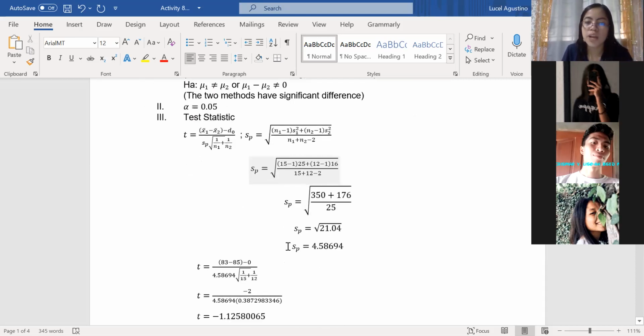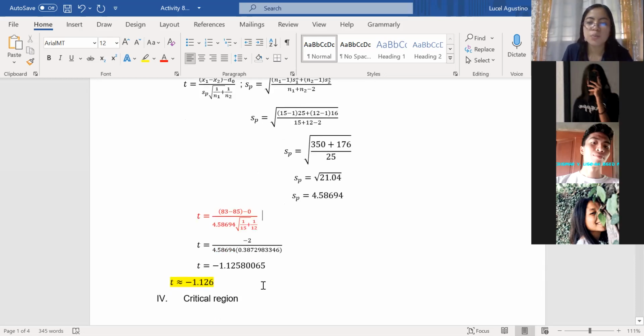So after that, nakuha mo na ang Sp. Substitute that to the formula that we have. So there is a taas, so this is our formula. I-read ko. So i-substitute mo ang 83, amo ni siya ang average score sa group 1, minus the average score sa group 2, 85, minus 0, over sa pooled standard deviation or Sp, that is 4.58, multiplied to the square root of 1 over 15 plus 1 over 12.